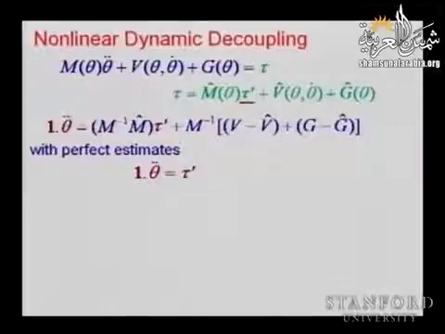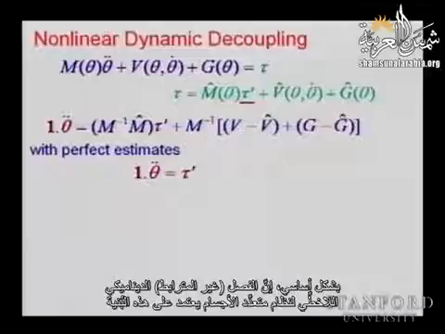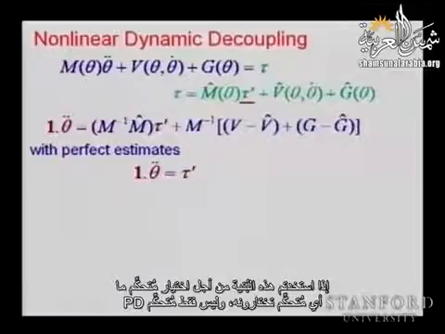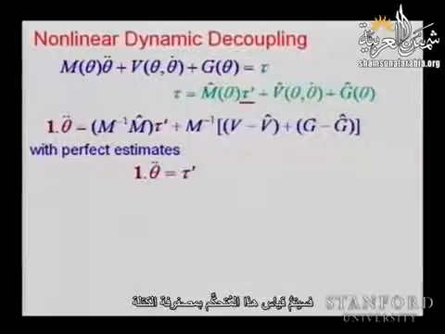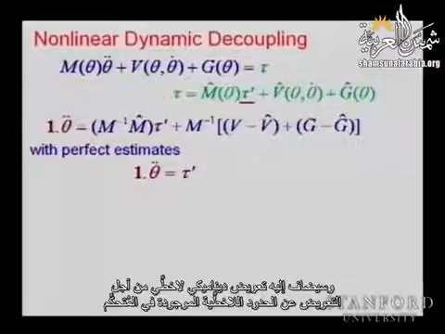Magical. Essentially, the nonlinear dynamic decoupling of a multi-body system relies on this structure. You take a controller, any controller, not only a PD controller, any controller you want. This controller is scaled by the mass matrix and you add to it nonlinear dynamic compensation to compensate for the nonlinear terms.